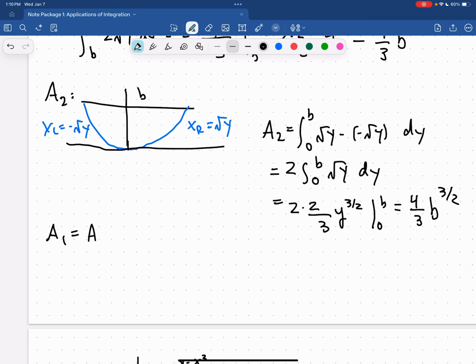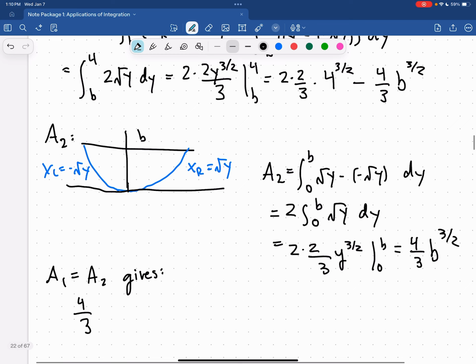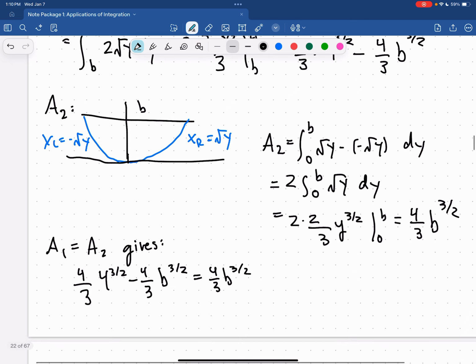And so setting A1 equal to A2 gives 4/3 times 4 to the 3 over 2 minus 4/3 b to the 3 over 2 is equal to 4/3 b to the 3 over 2.